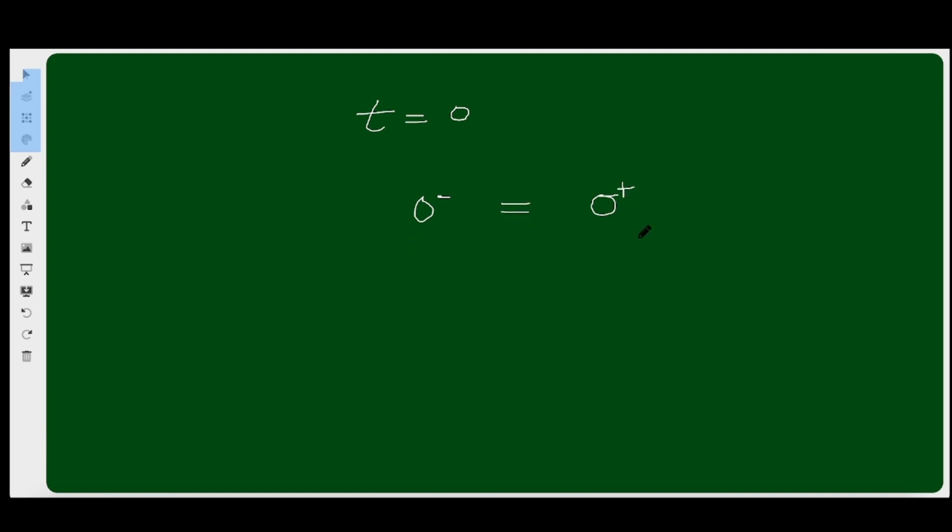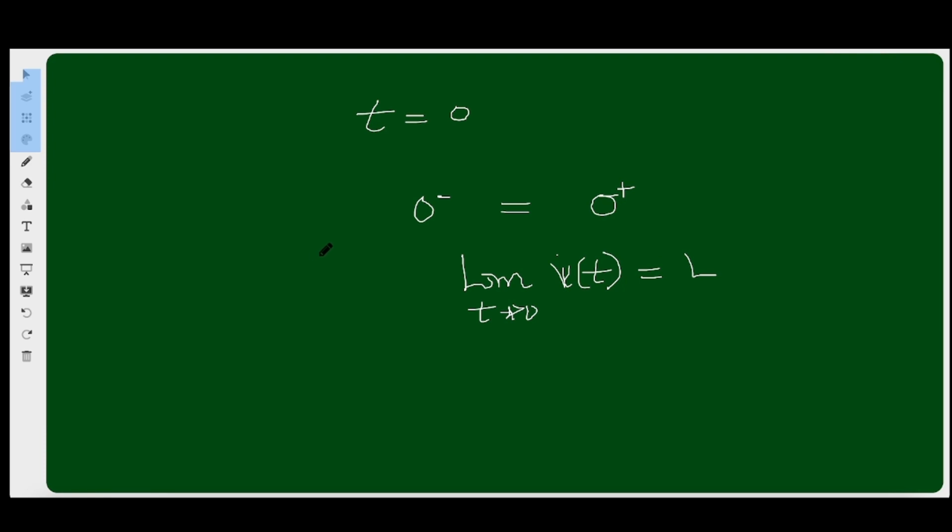It resists an abrupt change. So in calculus, we will say that the limit as t tends to 0, whether it is coming from the right or coming from the left, for the voltage on the capacitor, usually exists.